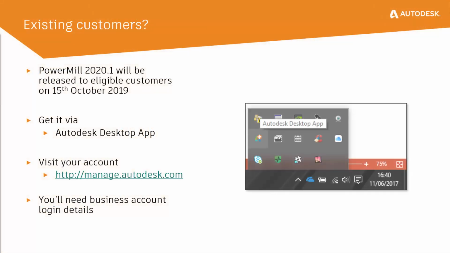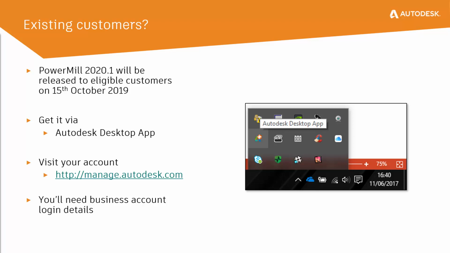So in the case that you are an existing customer, we are targeting releasing the Powermill 2020.1 update around about the 15th of October 2019. So that's the date we're targeting. We may be a day either side of that, but that's where we're aiming at.